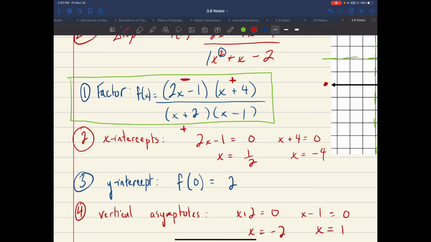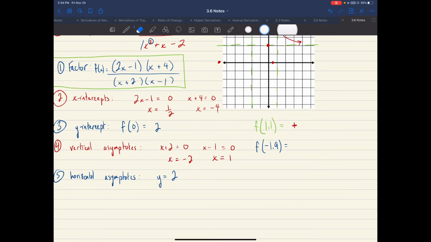And -1.9 minus 1 is a negative. So is it positive or negative? Negative times positive is negative, divided by positive times negative is negative. So these would both be negative, making the whole thing positive based on those signs. So this would also be positive. Keep doing that same thing.